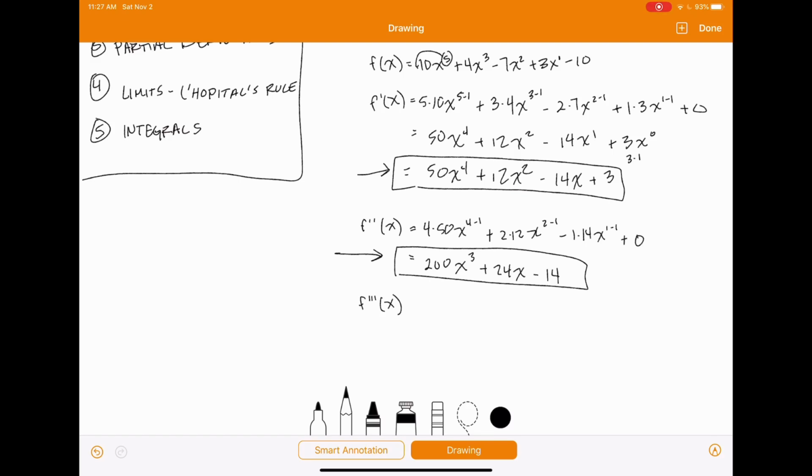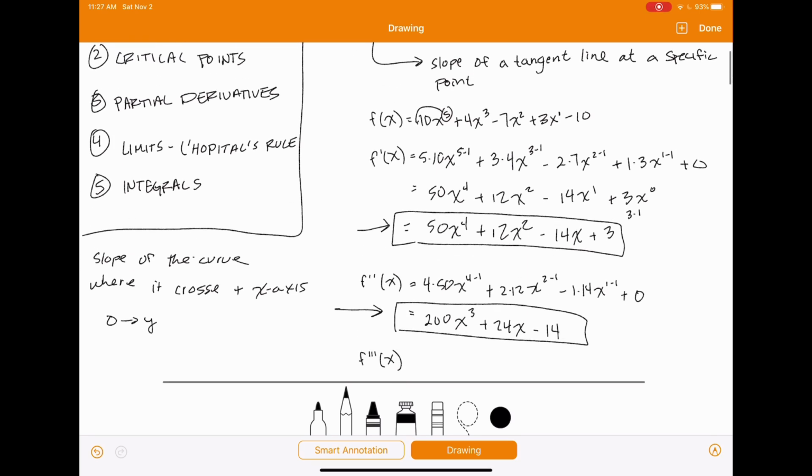So, if you wanted to find the slope of the curve where it crosses the positive x-axis, we're first going to find that point on the x-axis. So we're going to plug 0 in for y into the original equation and solve for x.